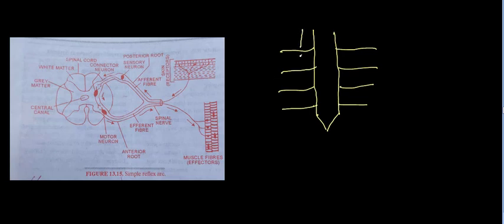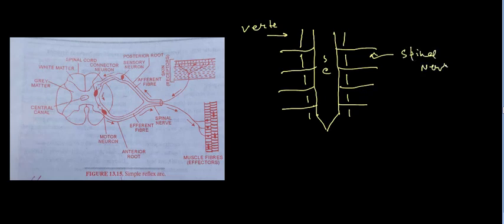So this is the vertebral column, this is the spinal cord, and these are the spinal nerves. And the cavity in the spinal cord is called the neurocoel.